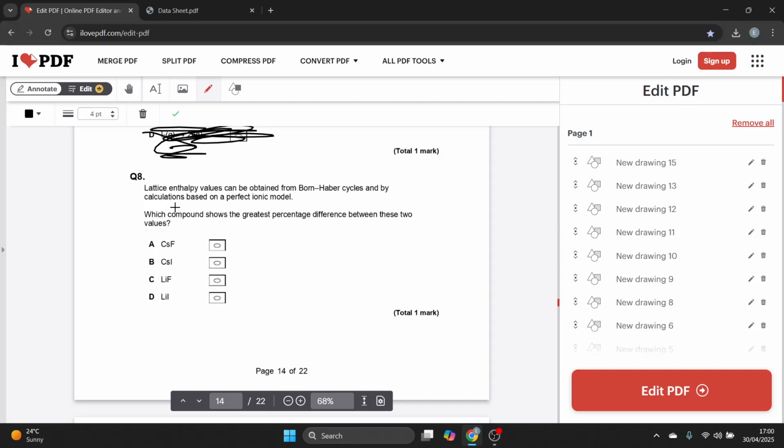Cesium is comparatively bigger compared to lithium.